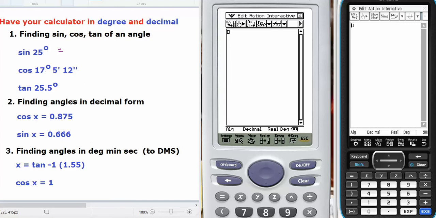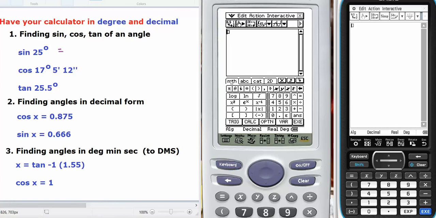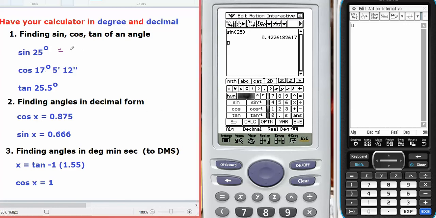Okay, 3 questions. First one, finding sine, cos, tan of an angle. Sine of 25 degrees. I'll bring up my keyboard, in Math, Trig, sine 25, close bracket, press execute to equal, and I'm always looking for 4 decimal places. 0.422618, that's where my 4th decimal point is, between the 6 and the 1.